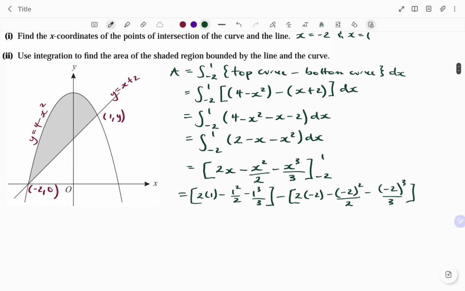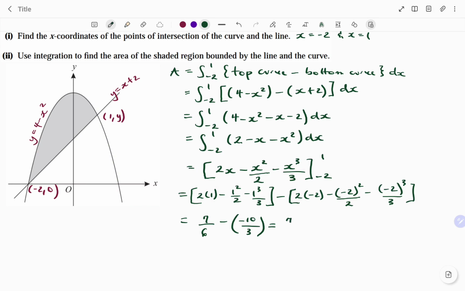On my left-hand side, if I resolve that, I have 7 over 6. You can punch that in your calculator or work it out manually. Minus, into bracket, on the second bracket, I'm going to have -10 over 3.